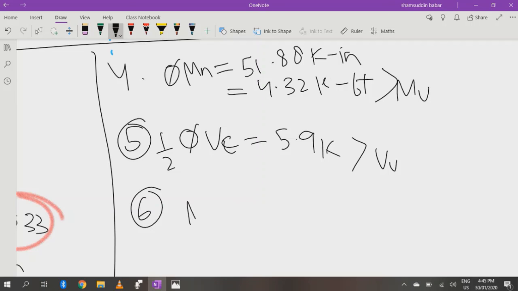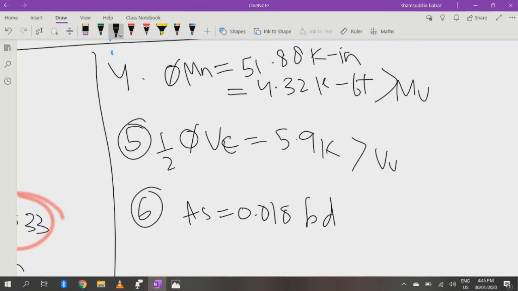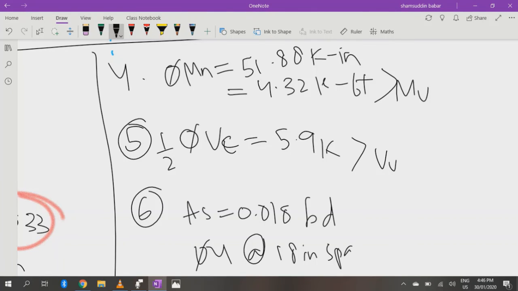Secondary reinforcement As is equal to 0.018 into b into d, and I got number 4 bar at 18-inch spacing. I used the same formula of spacing as I did for the main reinforcement bar.